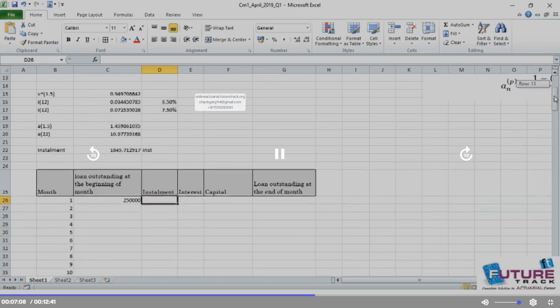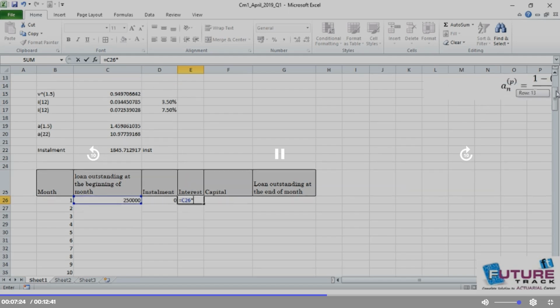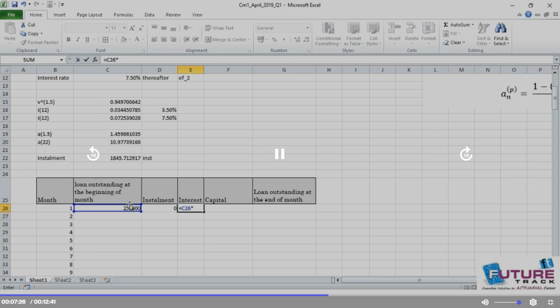So that means the first installment at the end of the first month we have paid zero, not paid any amount. What is the interest? This is my loan. For the first 3 years we have a rate of interest 3.5% per annum. And on this loan we have monthly interest. So we have already calculated the nominal rate of interest per month, and it is remaining same.